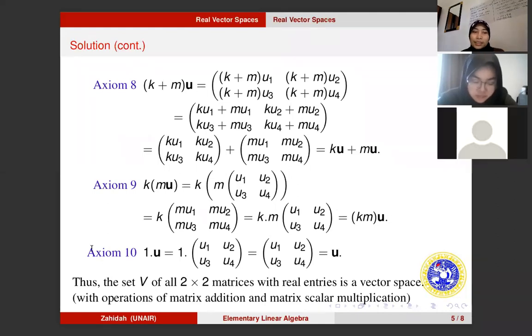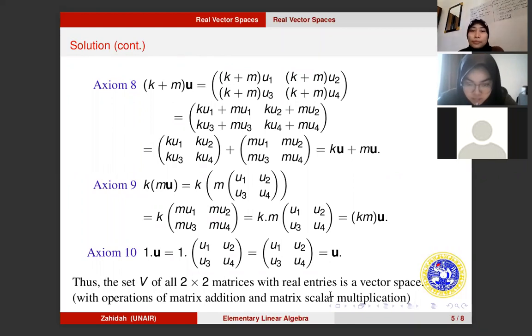So since all axioms of vector space hold, thus the set is a vector space. For sure with the operation of matrix addition and matrix scalar multiplication.